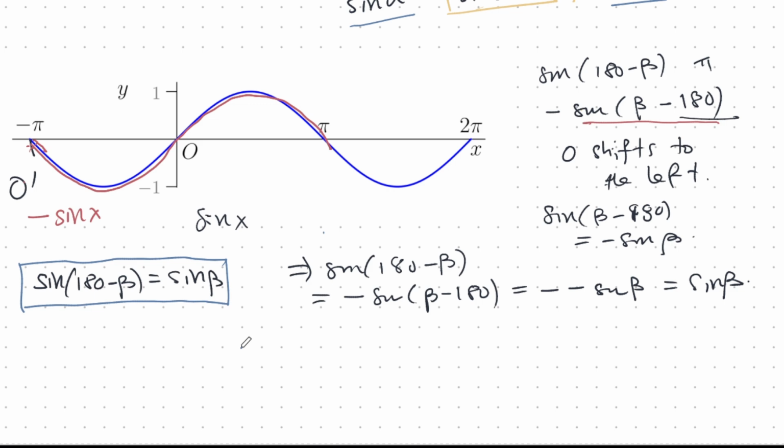If you change it into a form f of x plus or minus some a, then you're shifting the origin left when you subtract, and you shift it to the right when you add. So this is a shift of origin. This is one way to look at it. You can also look at it as shifting the graph itself, but I think it's maybe better to think of it this way.